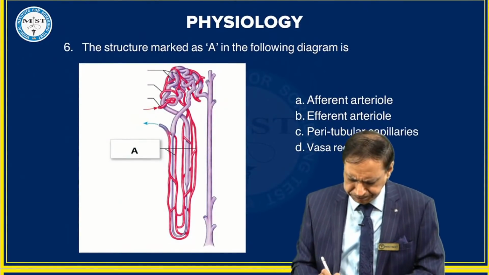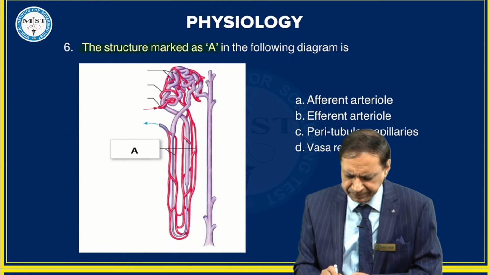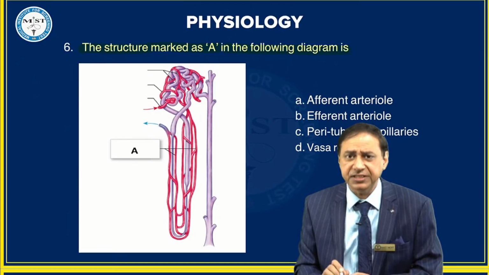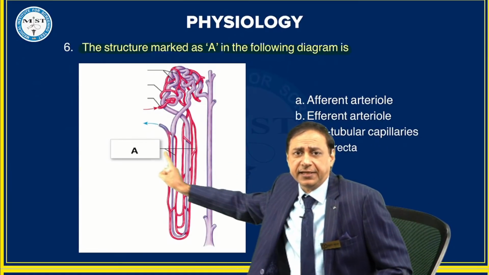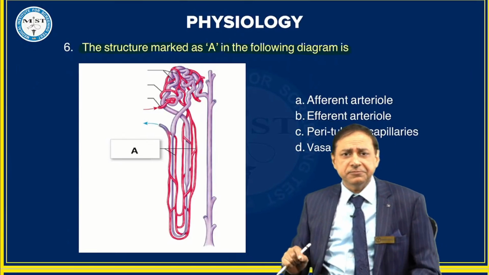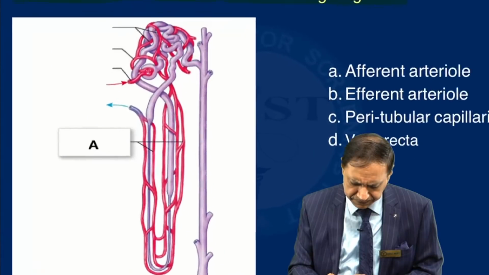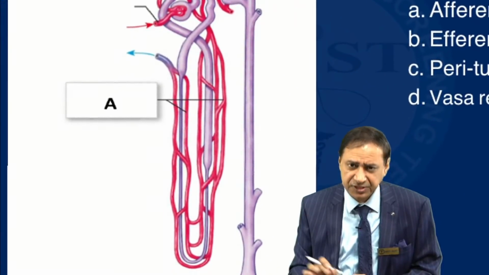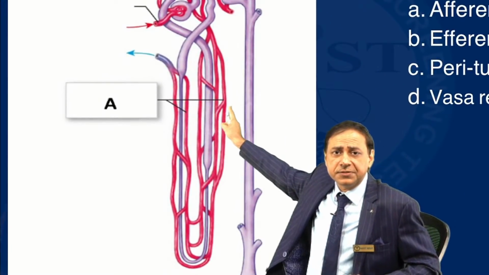Just see this question. The structure marked as A in the following diagram is, what is this structure which is marked as A here? Just see this diagram carefully and now you tell me what this structure is.